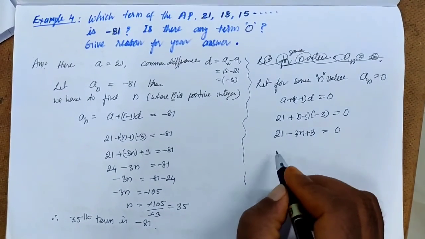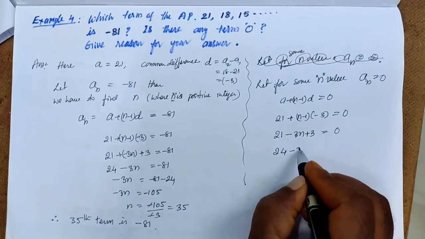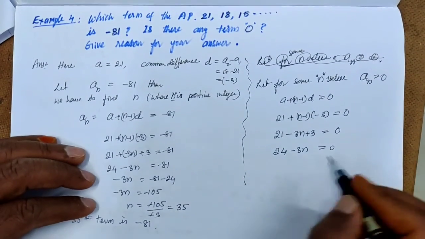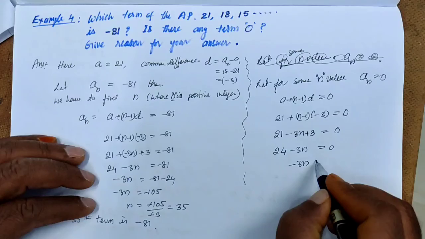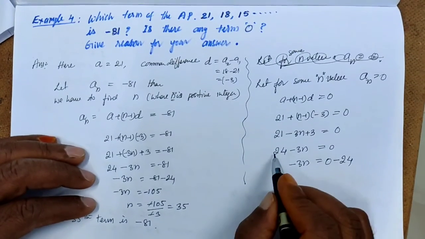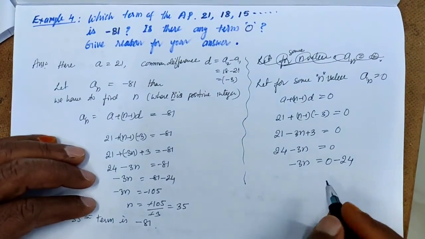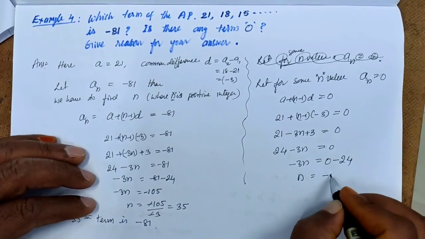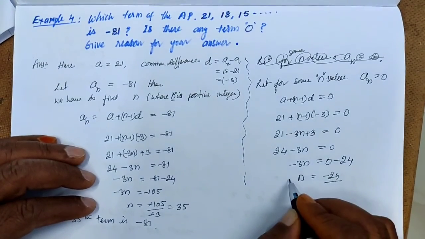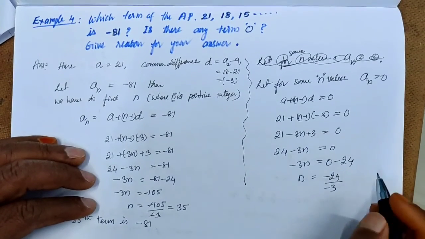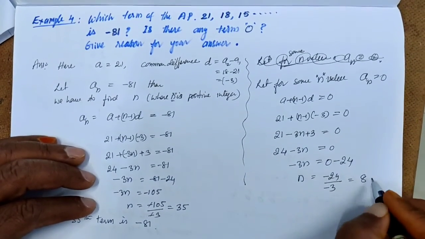So this is 24 minus 3n is equal to 0. Transpose this 24 to that side: minus 3n is equal to 0 minus 24. When we transpose this 24 to that side, it becomes minus 24. Therefore n is equal to minus 24 divided by minus 3, which is equal to plus 8.